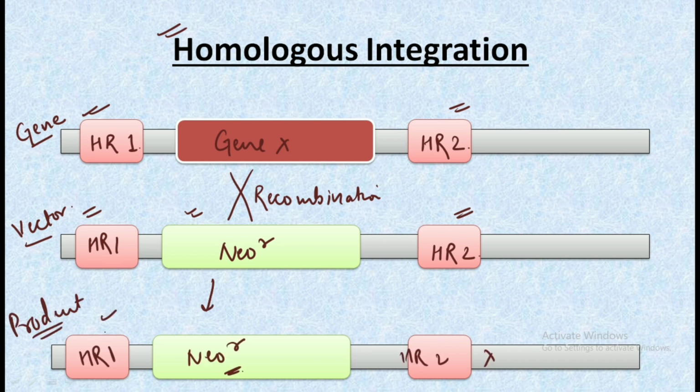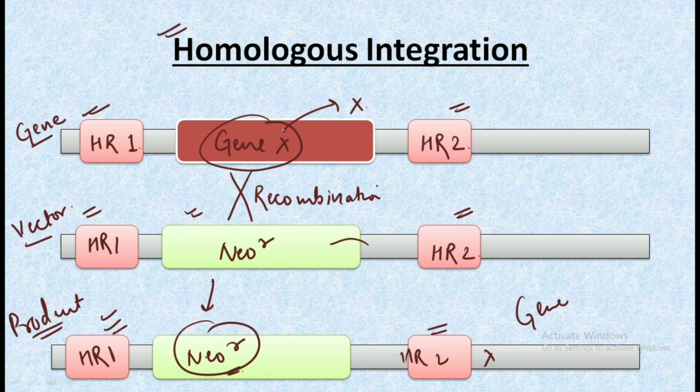In the product we would have homologous region 1 and homologous region 2 at the same places, and because we are doing homologous recombination, the desired gene gets eliminated. So this was the desired gene that we wanted to knock out. As you can see in the product, the neomycin got inserted into our gene, and there occurs the knockout of the desired gene that we have targeted.